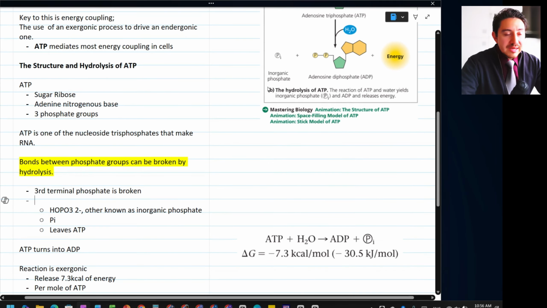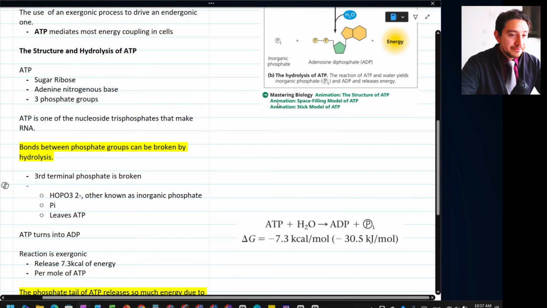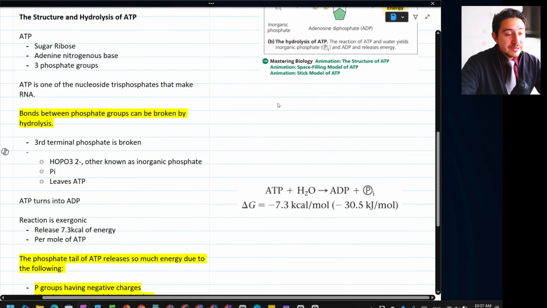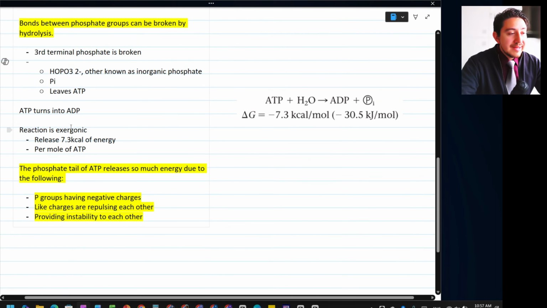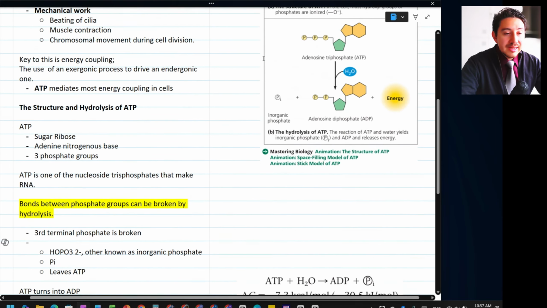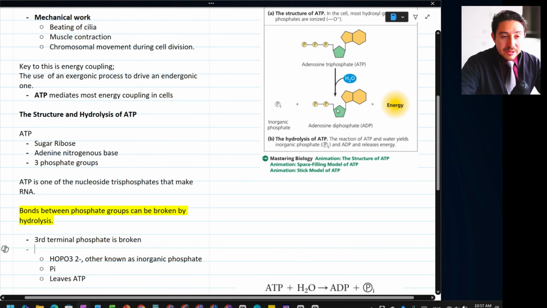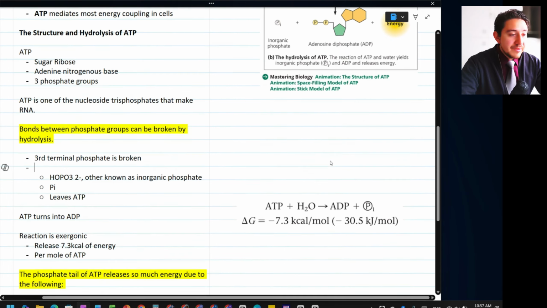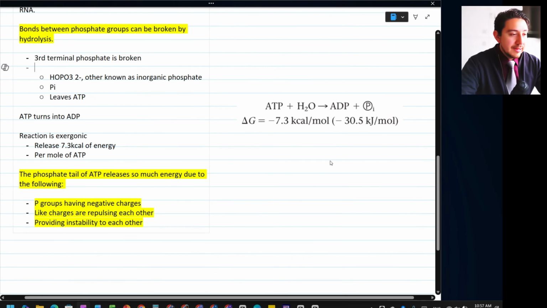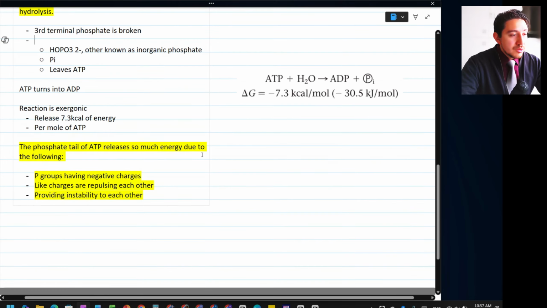And this leaves ATP, mostly attaching to another molecule. And that leads to ATP turning into ADP, adenosine diphosphate. So this is a lower energy molecule that needs to be restored later on. So this reaction is exergonic.